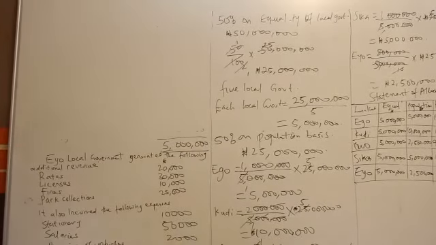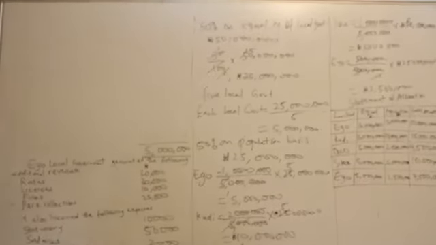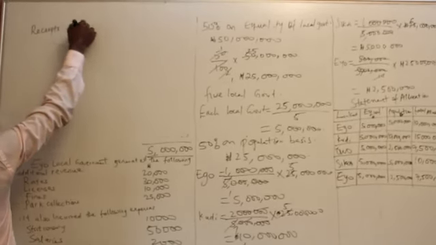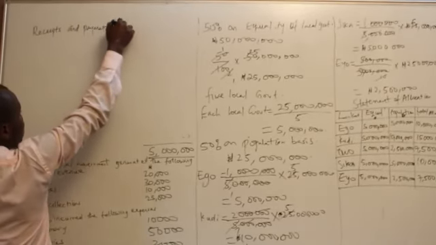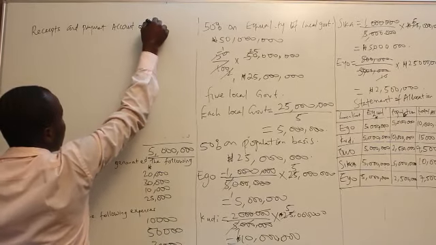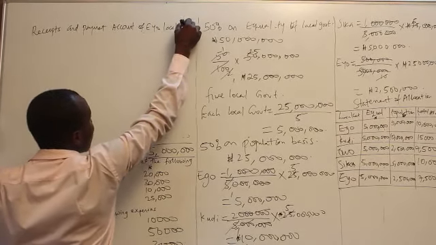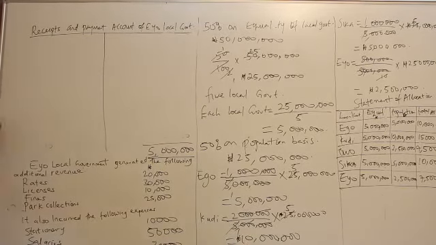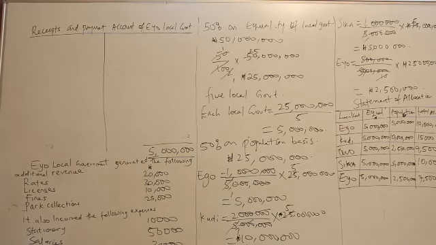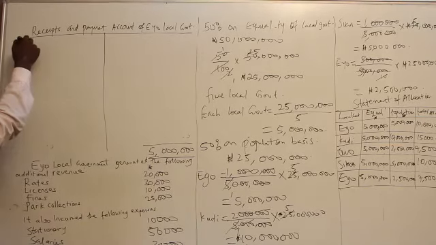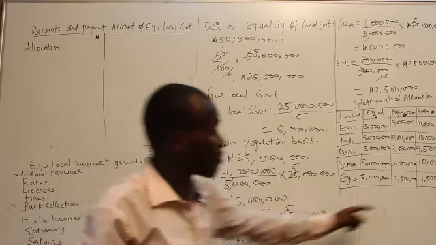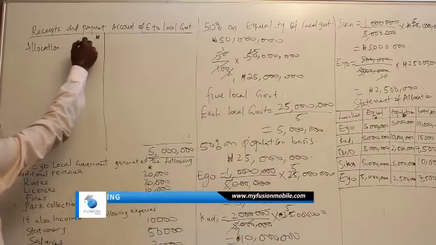Now we have the receipt and payment account of area local government. So we have allocation, total receipts. Allocation serves as a receipt to it. We received an allocation of 7.5 million naira. That will serve as a receipt.